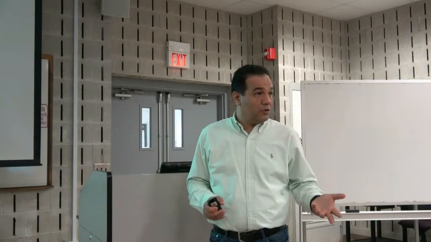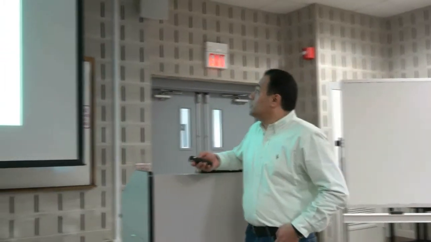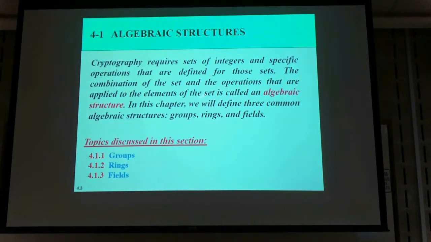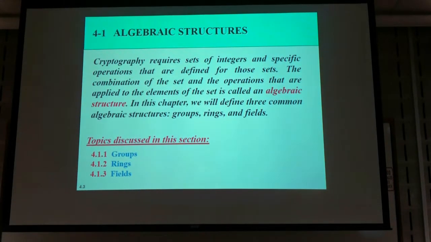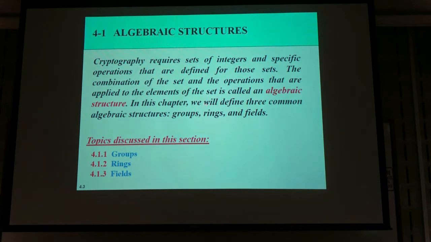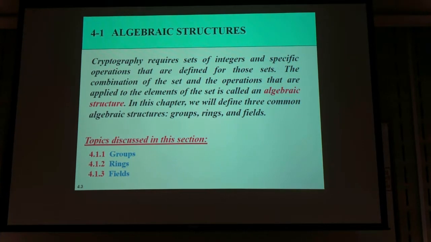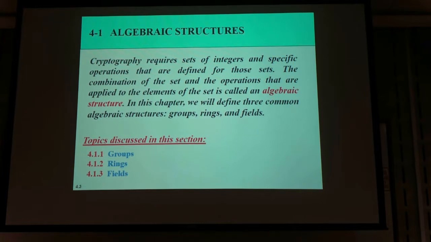Multiplication is a binary operation, right? All right, so we need to know how to combine these operations with the elements to create something called an algebraic structure. So in this chapter, we'll define the three common algebraic structures.